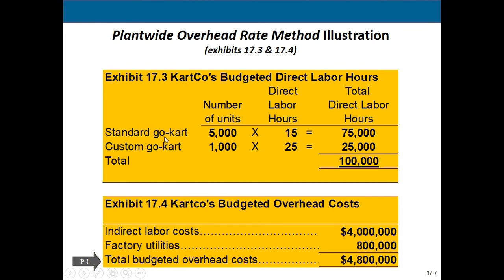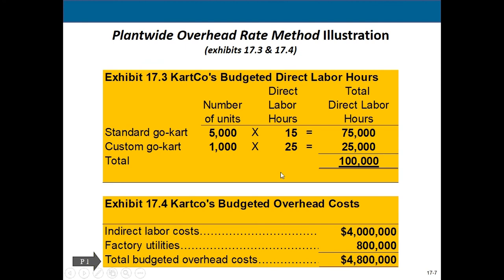CartCo builds standard go-karts and custom go-karts, and this is their budgeted direct labor hours. They plan to make about 5,000 units of standard go-karts, and they spend 15 direct labor hours to create every unit for a total of 75,000 hours.